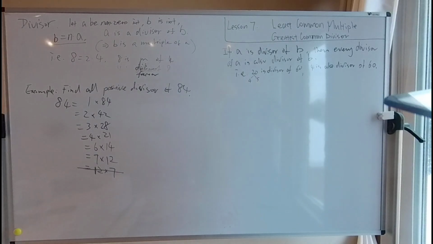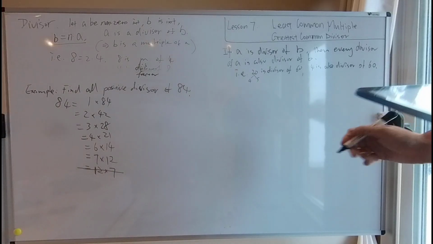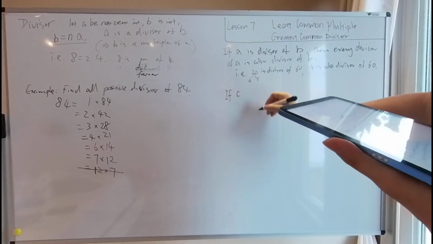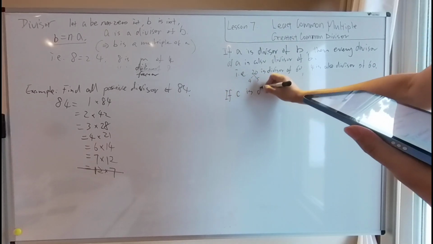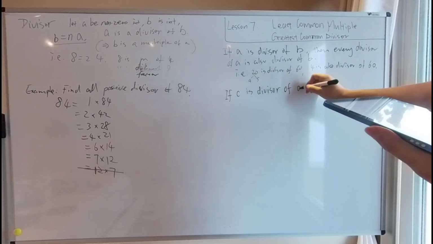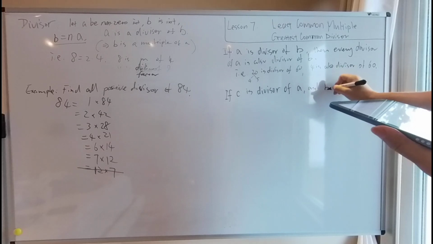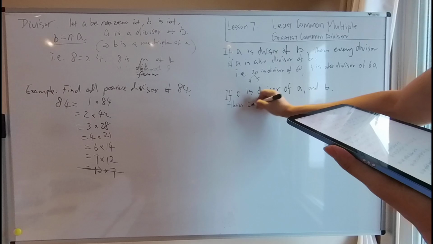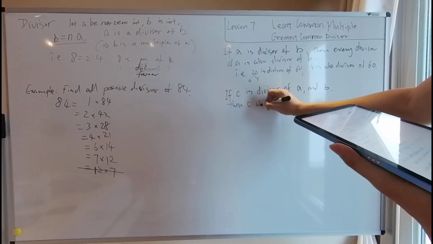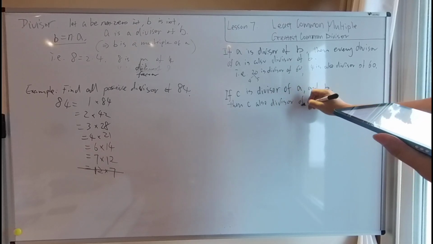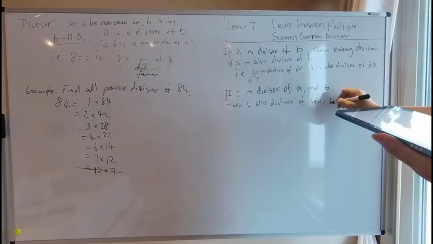And further, if another number c is a divisor of the two numbers a and b, then c must also be a divisor of a plus b and a minus b.